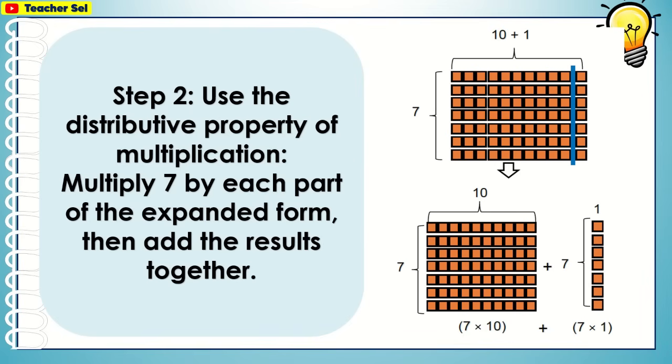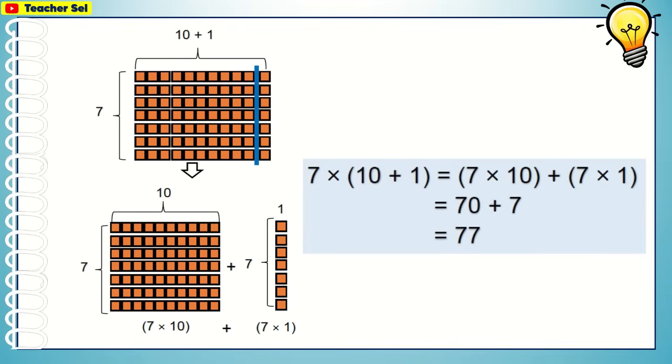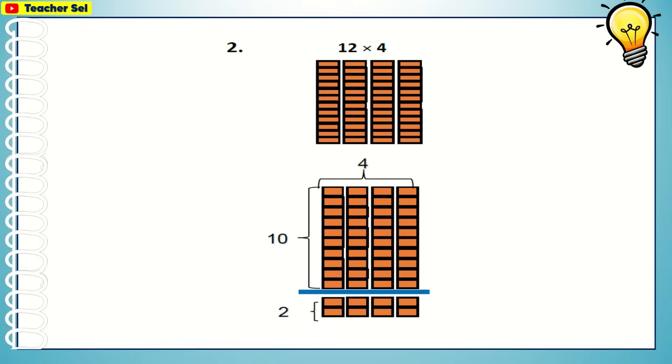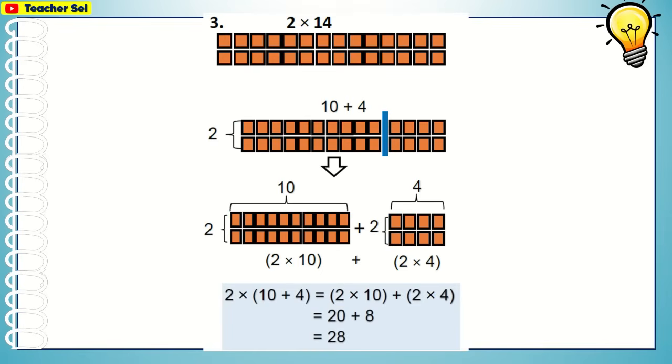Multiply 7 by each part of the expanded form, then add the results together. 7 times (10 plus 1) equals (7 times 10) plus (7 times 1) is equal to 70 plus 7 is equal to 77. For number 2. Number 3.